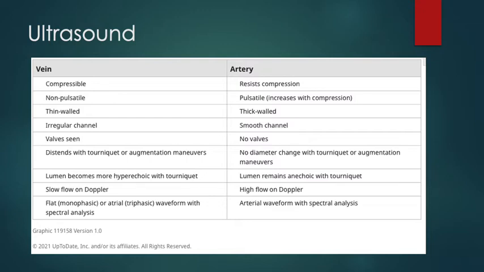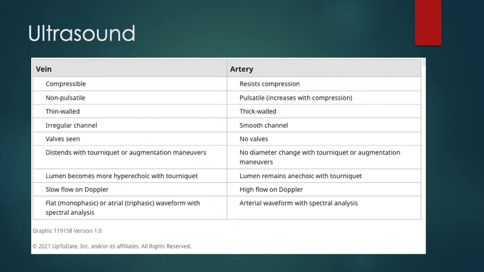If they're compressible. Compressible, so would you expect the vein to be compressible? Yes. Anything else? Pulsatility. Pulsatility, yep. Thickness of the wall. Wall thickness, thank you. The shape of the vessel, so arteries tend to be much more circular, as opposed to potentially oval or elongated. Yes, of course.